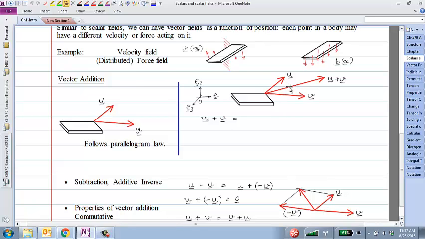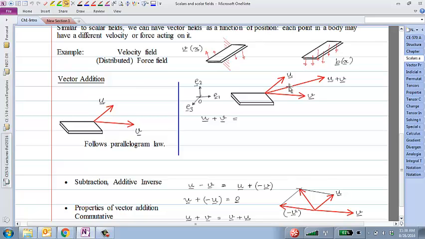On the right hand side of this blue line, I'm going to express the same operation with coordinate systems, with e1, e2, e3. On the left hand side, we are going to express the same operation without reference to any coordinate system. So if I want to add two vectors, how do I do it without using any coordinate systems?